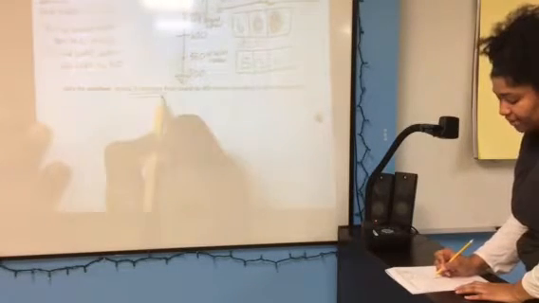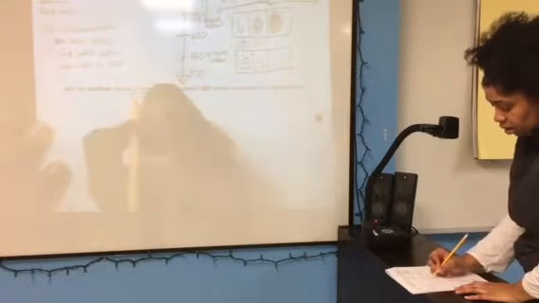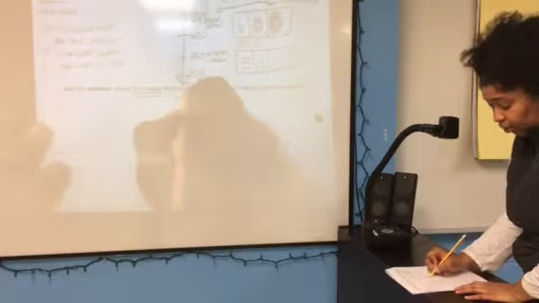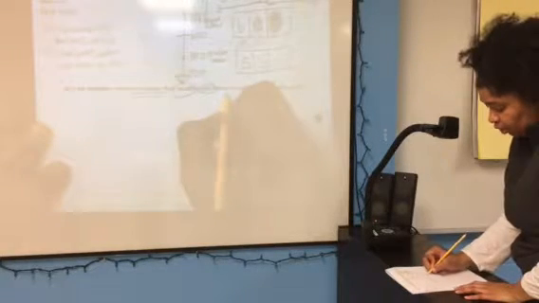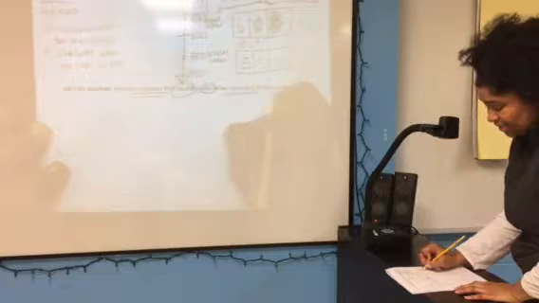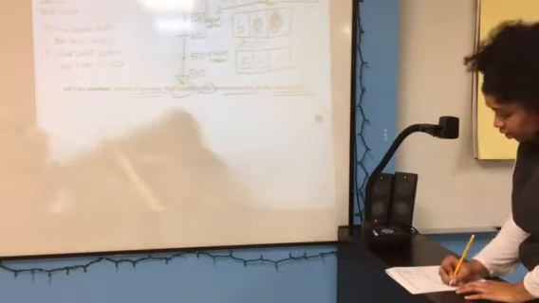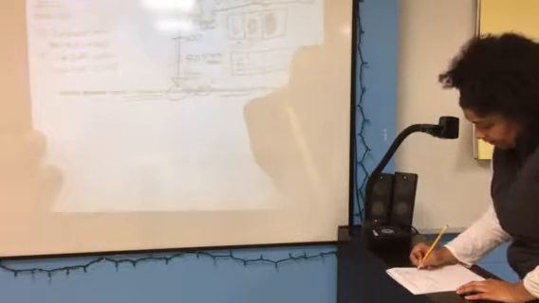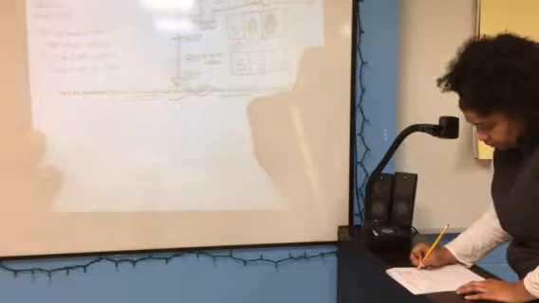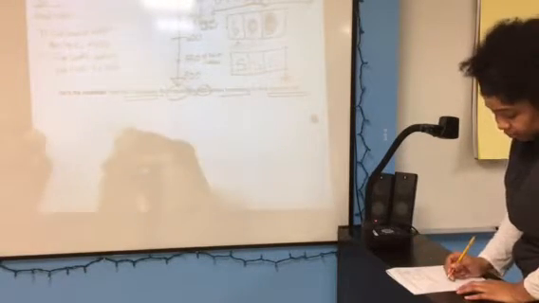Name 3 numbers that round, this is an important word, to 400 when rounding to the nearest 10. Super crucial. So, I'm going to put a star right there, just so I really know.